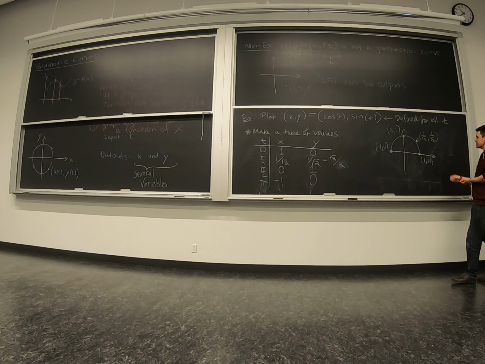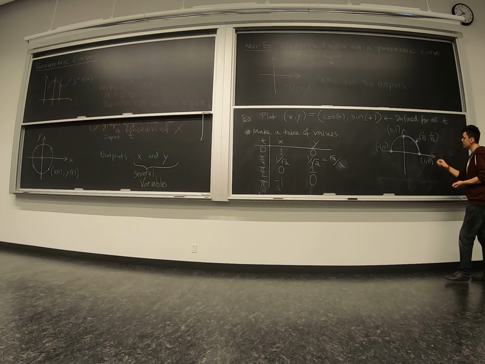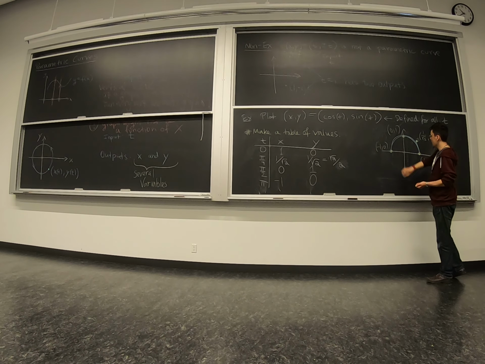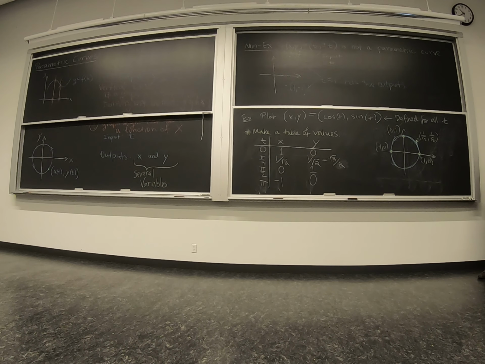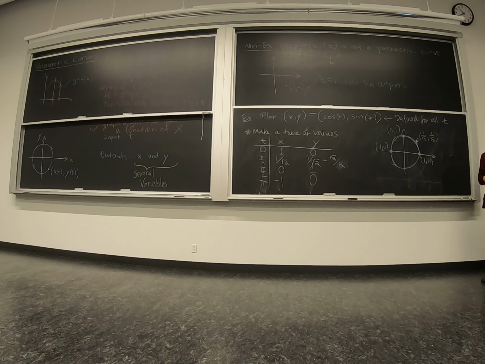And we can imagine that this curve, as it goes along, will keep going, and we can sort of infer from what we know about trig, this will go all the way around. So that's how we get the circle as a parametric curve. Questions there or thoughts there?